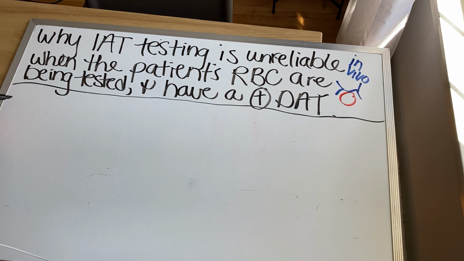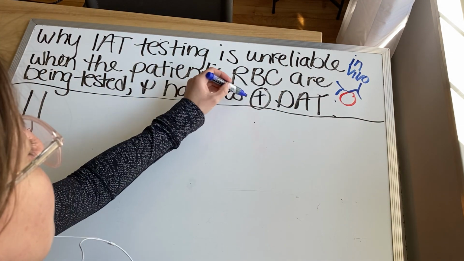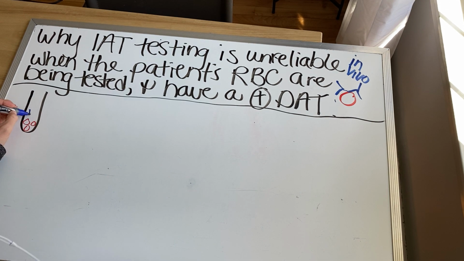So we take the tube of blood and it has the patient's packed red cells there, which we've determined already have the positive DAT. So there's an antibody coating in vivo. In the test tube from their arm, it's already coating. We did not put it there.